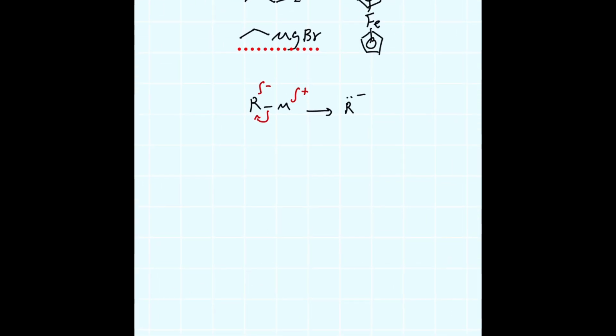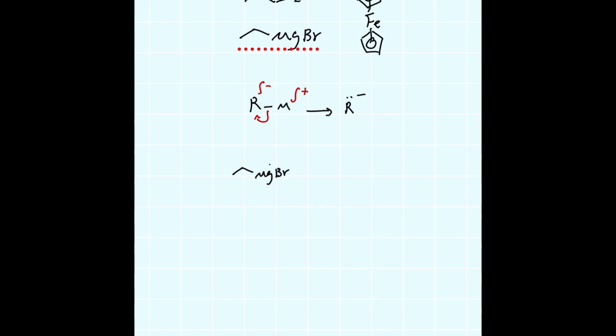So let's say we have this nucleophile now, and we want to attack a positive species. The best way I can show this to you is by using an example. So let's say we have this compound right over here.